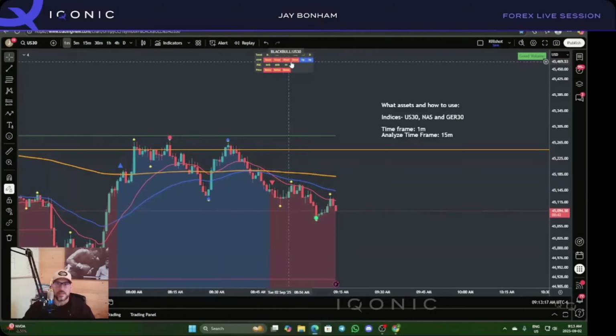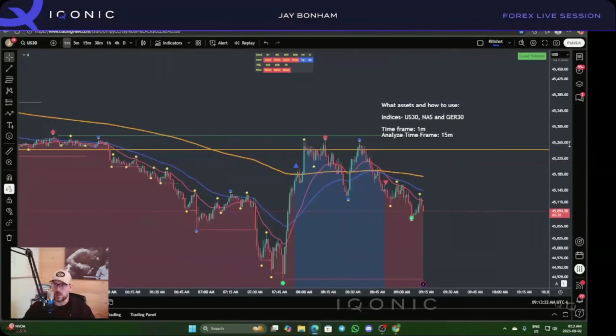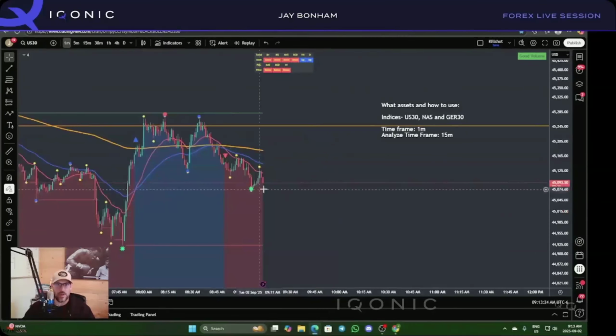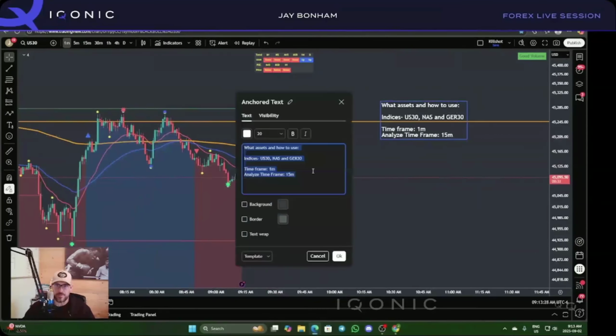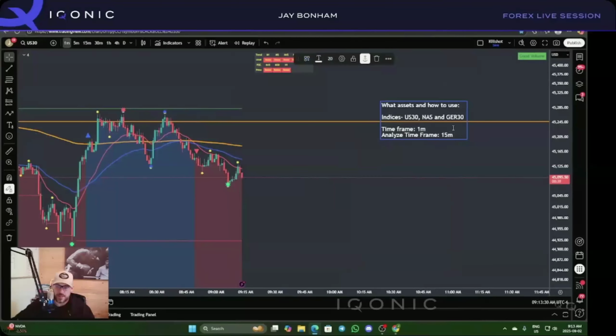That's what we're going to do on indices, and then we want to look for our entries on the 1 minute chart. Our 1 minute chart time frame for our scalpers is a 25 pip stop loss and 50 pip TP. These are our indices.